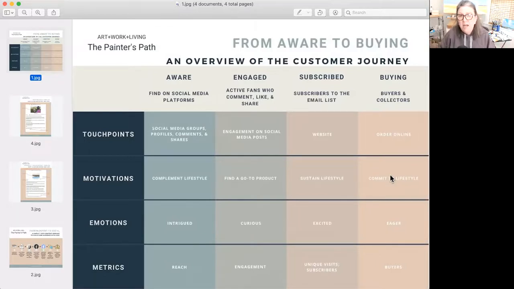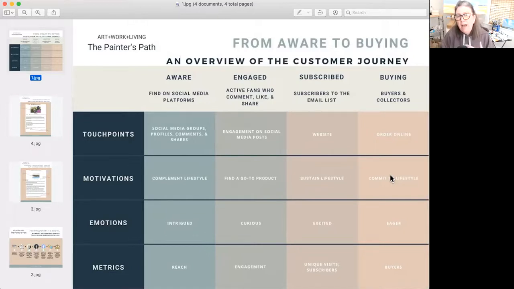A phrase that has come to be used a lot is true fan. There has been a whole book written about that, about having and acquiring 1,000 true fans. The idea that if you have 1,000 raving true fans, you can sustain a business. It's not about having an enormous list.